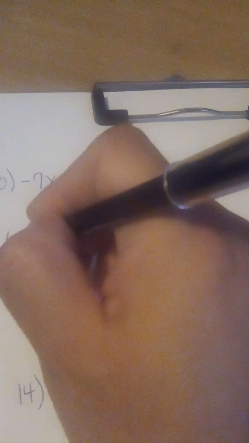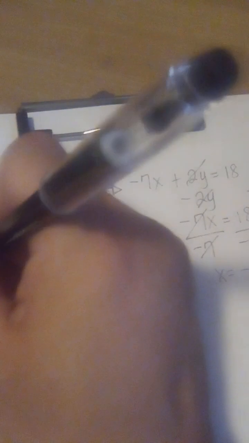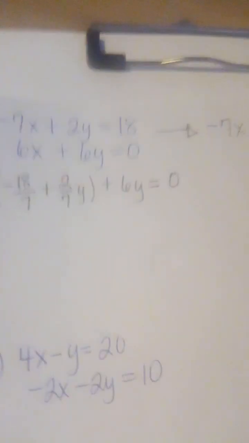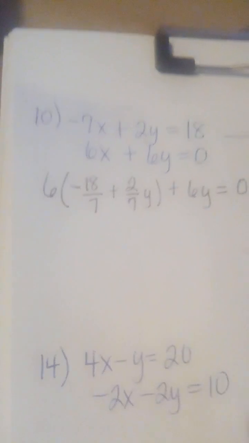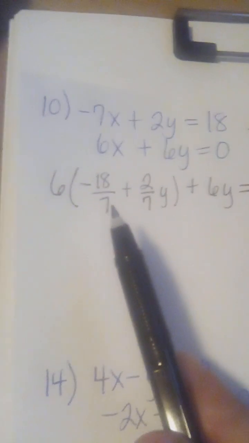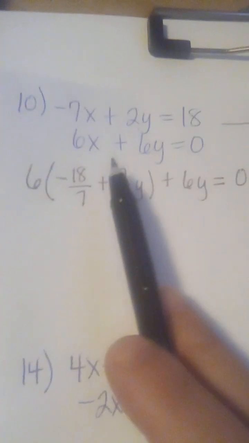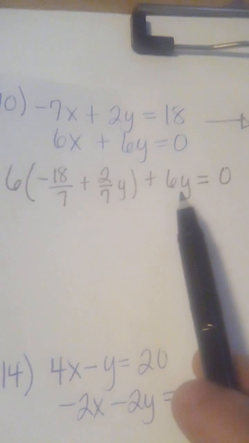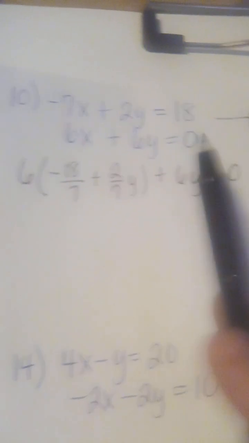Watch and see. All right. This is a little bit weird, but we have 6 times the substitution for x, and then plus y equals 0.